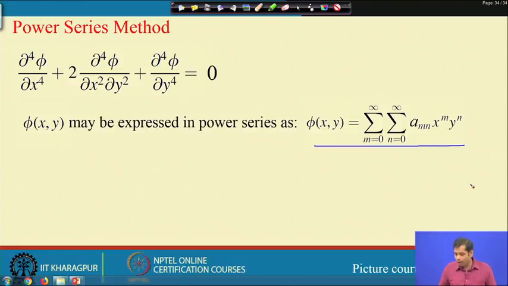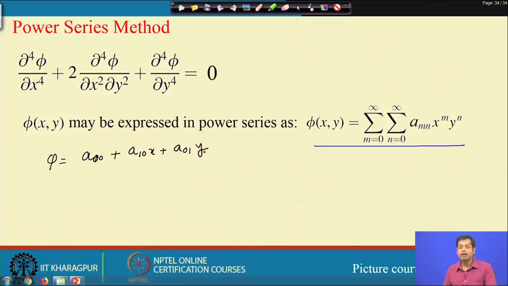For instance, if it is the linear case, this expression becomes phi is equal to, first, A00, the constant term, plus A10 x plus A01 y.